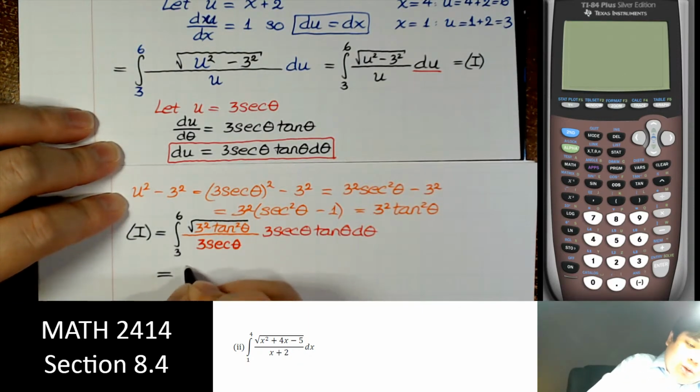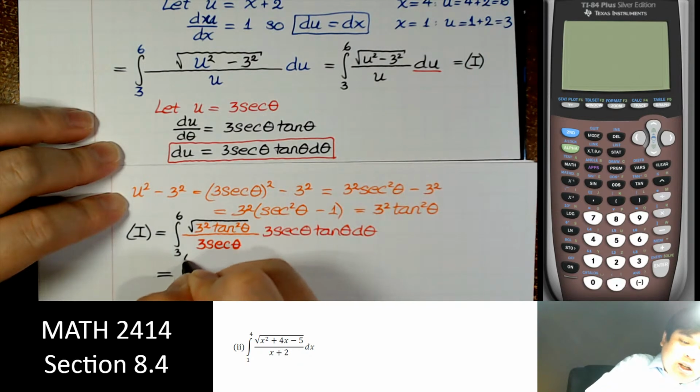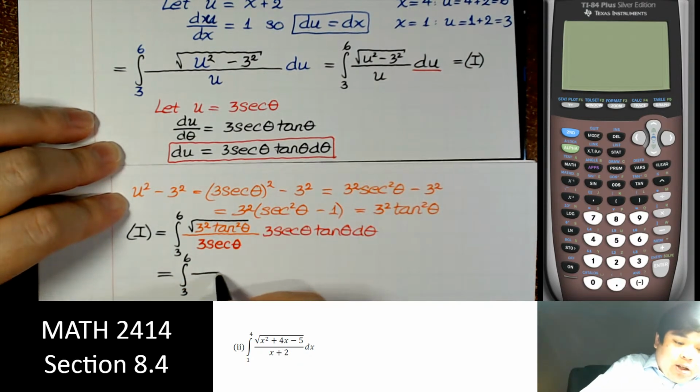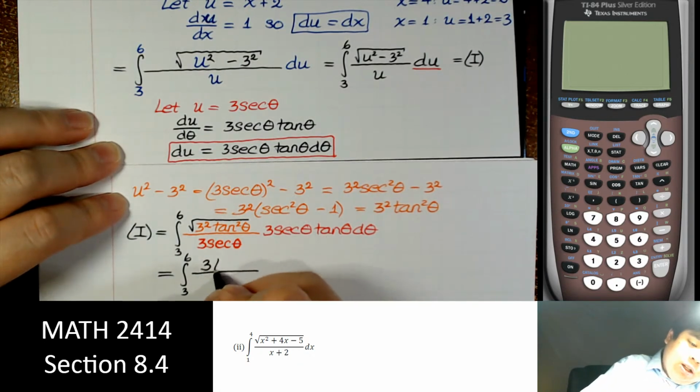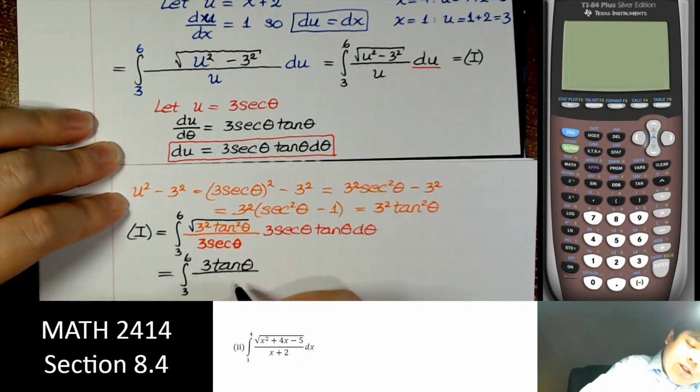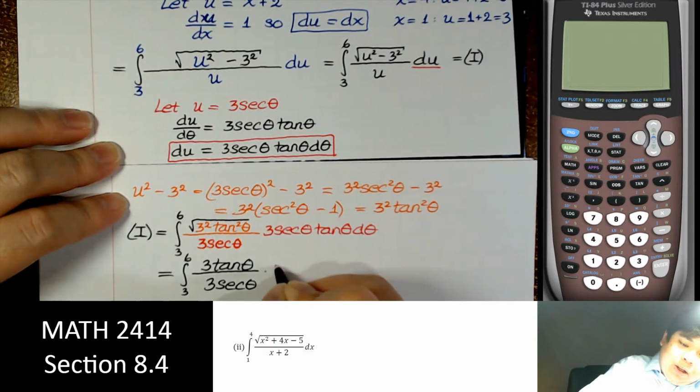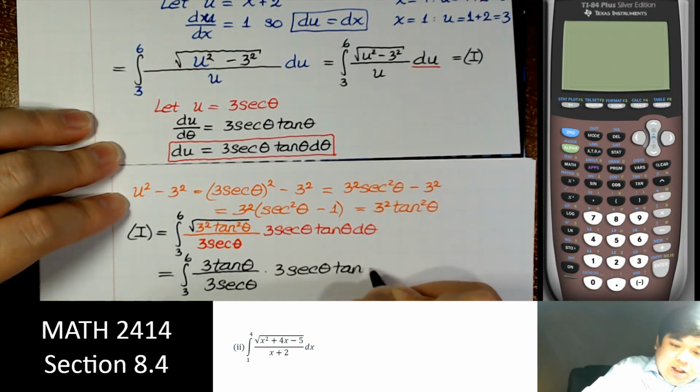I don't know where to go with this yet, but step by step. Right, the square root cancels the square. We just have 3 tangent theta on top, 3 secant theta at the bottom, 3 secant theta tangent theta d theta.